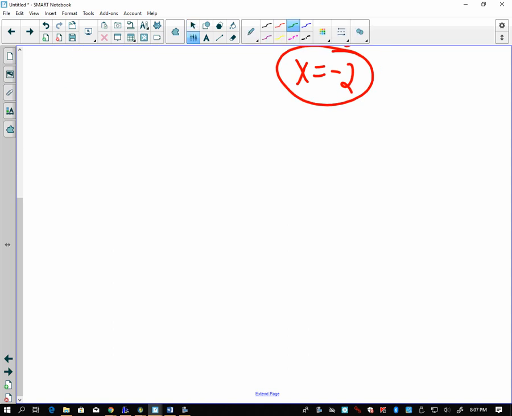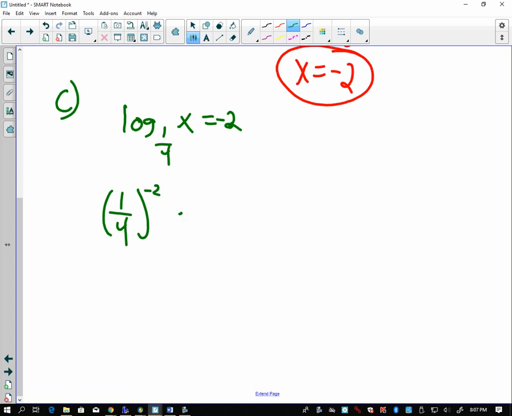Okay, C. Log base 1/4 of x equals negative 2. So 1/4 to the negative 2 equals x. Well, that's going to be 1 over 1/4 squared.